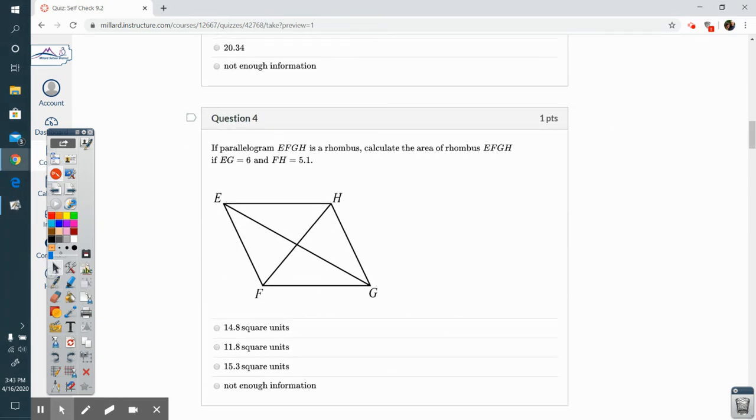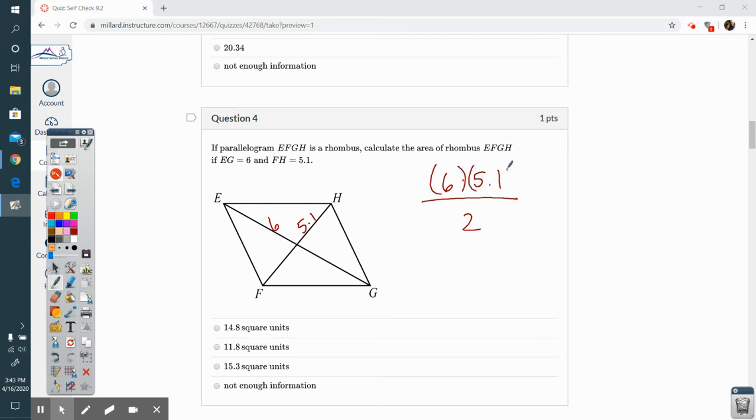Okay, calculate the area. Remember we said we could not calculate the perimeter, but you can calculate the area if you have the diagonals. So this diagonal right here is 6. This diagonal right here is 5.1. So this is the formula for it. You multiply diagonals and you divide that by 2.